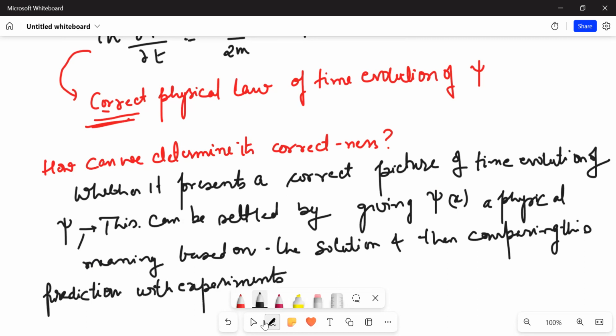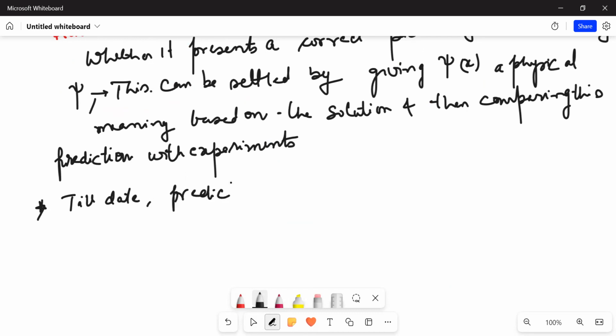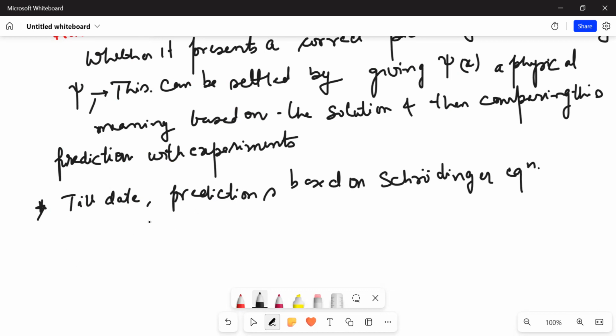Now, till now we have not seen any contradiction. So till date, whatever predictions we've been able to make using the Schrodinger equation have been in consonance with all experimental findings.